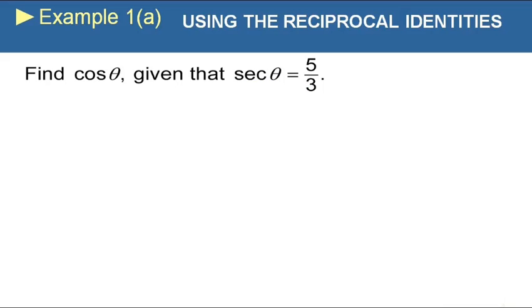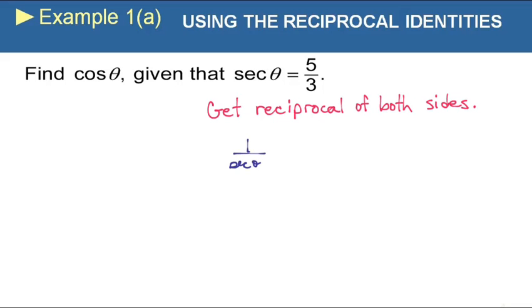So if I do the reciprocal of secant, I'll get 1 over secant, and if I do the reciprocal of 5/3, I'll get 3 over 5. Now my reciprocal identity tells me that 1 over secant is equal to cosine, so cosine of theta is 3 over 5.